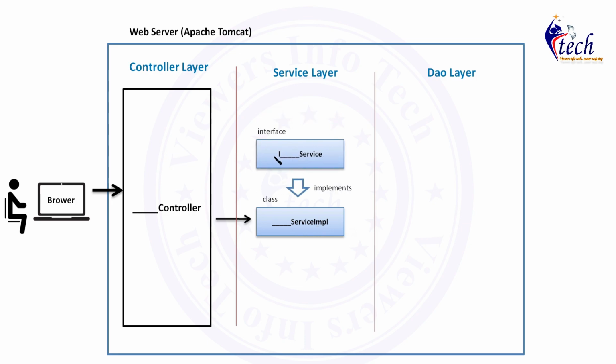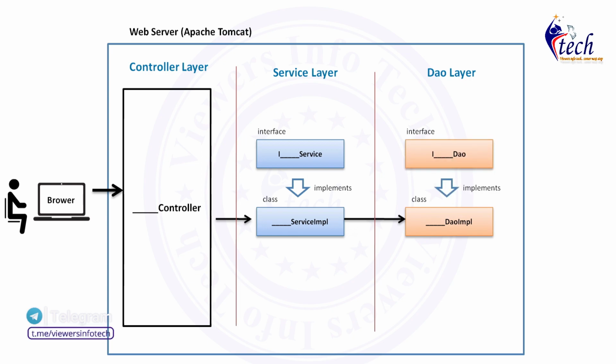The interface looks like this. Inside the interface we write abstract methods, like getting all product details, getting all user details, or registering a new product. Coming back to the service IMPL, it will call the DAO layer. Inside the DAO layer, we have a DAO IMPL class and it implements a DAO interface.